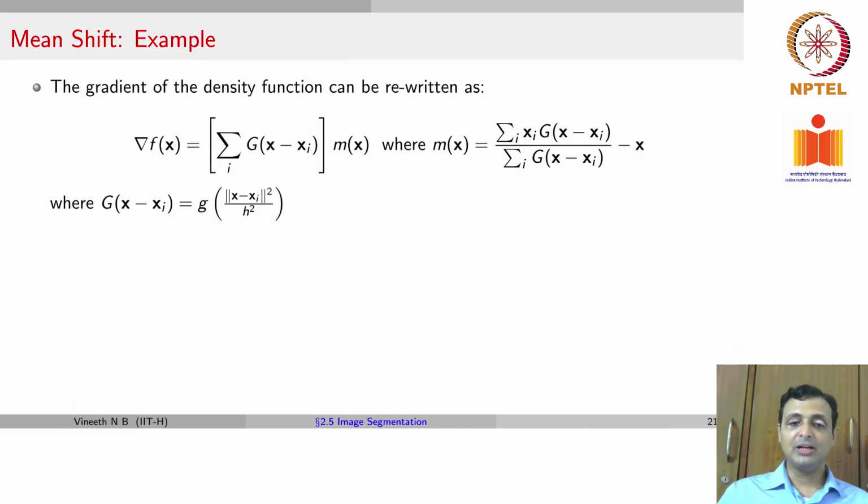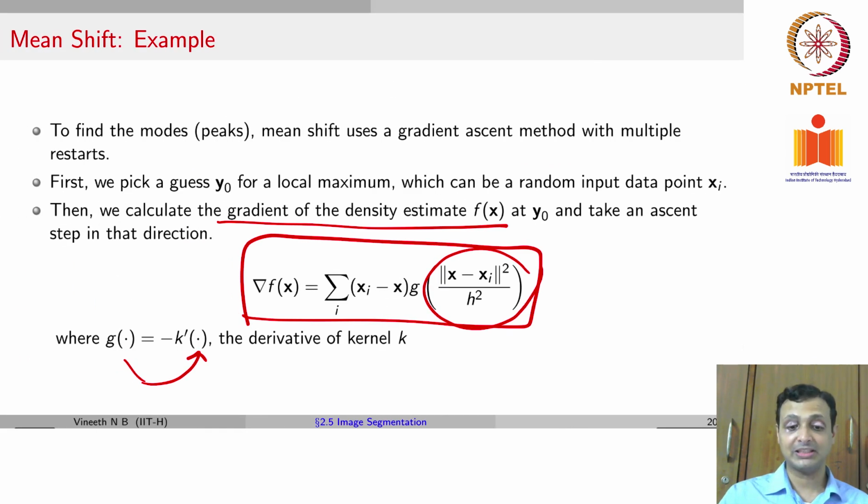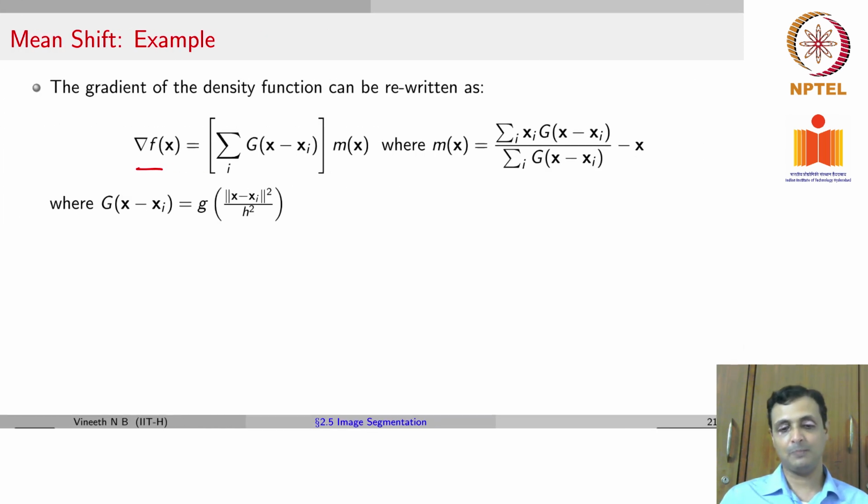So the gradient of the density function can actually be written slightly differently. Let's see the previous slide. This was the gradient that we just had: xi minus x times g of the norm of x minus xi squared by h squared, where g is minus k prime, or the gradient of the kernel.